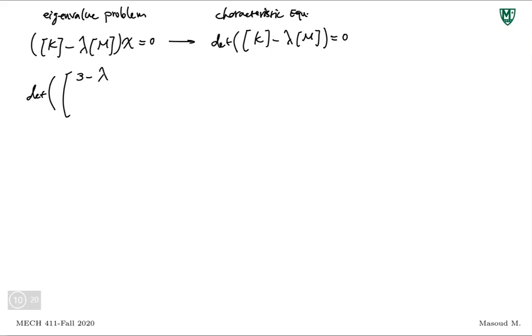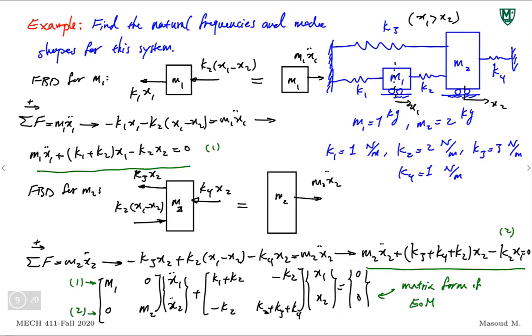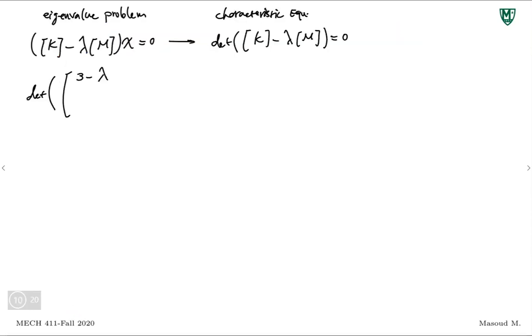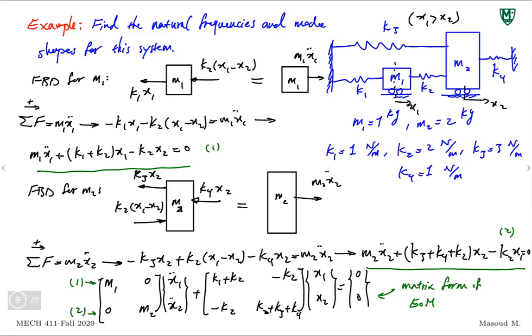Second element, well, m has nothing to do with it. K becomes minus K2, and K2 is 2, so this is minus 2. As a result, this is also minus 2. And right here, we have K2 plus K3 plus K4. So 2 plus 3, 5, plus 1, 6.